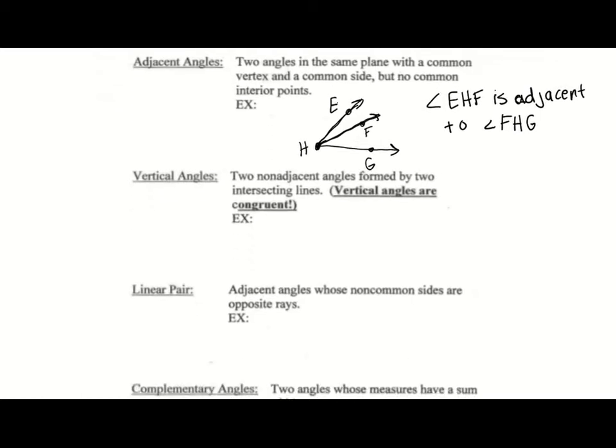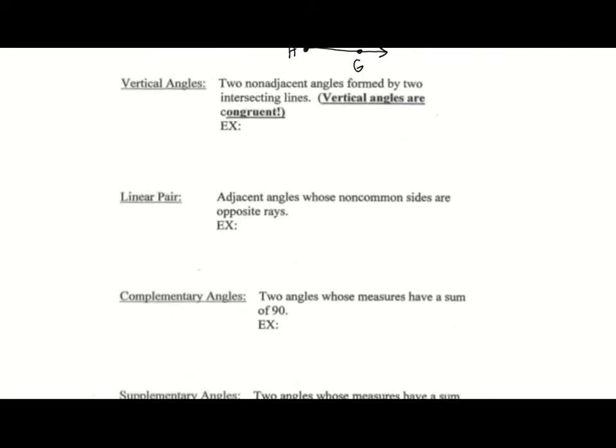So our next type of angle pair is called vertical angles. Vertical angles are two non-adjacent angles formed by two intersecting lines. If I draw an example of that, I have two intersecting lines, so something like this.